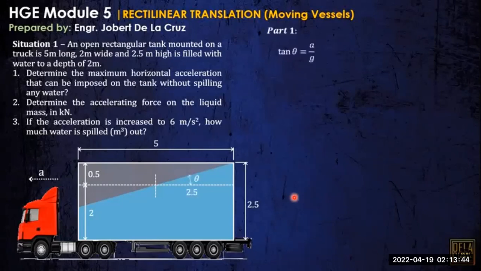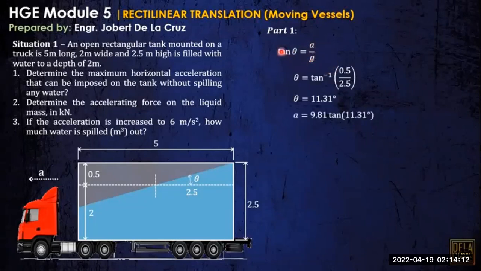Okay, for part 1, tangent of theta is equals to acceleration over the gravity. Then, by this figure, considering this right triangle, this theta is equals to arctangent of opposite 0.5 over the adjacent 2.5. Then we have the angle of theta, 11.31. Then after this, we have this formula, then we can calculate the acceleration na, no?